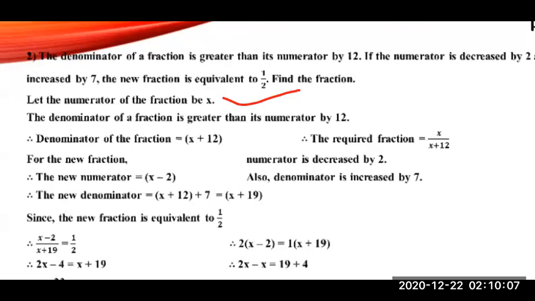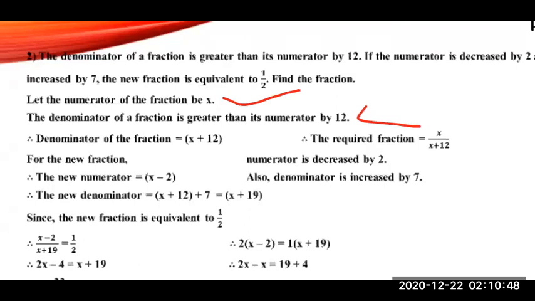So here the second statement should be the denominator of a fraction is greater than its numerator by 12. See, whatever is given in the question, that only we have made the statement. They told that we have to find the fraction. So we assume that the numerator of the fraction will be x. Second, they told that the denominator of a fraction is greater than the numerator by 12. So there, that same only we have written.